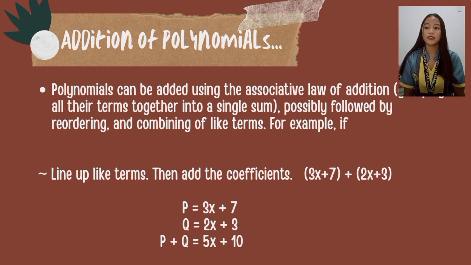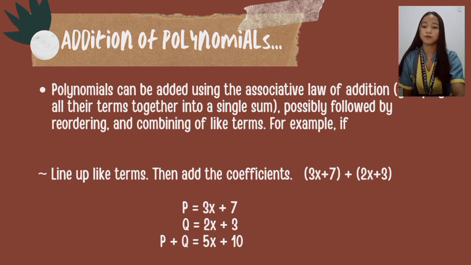And the constant, which is the 3, must be aligned with the other constant, and we are going to add them. So 3x plus 2x is equal to 5x, and 7 plus 3 is equal to 10. So the answer is P plus Q is equal to 5x plus 10.